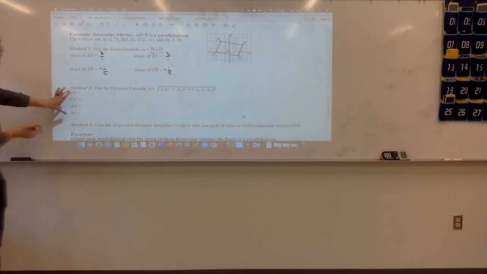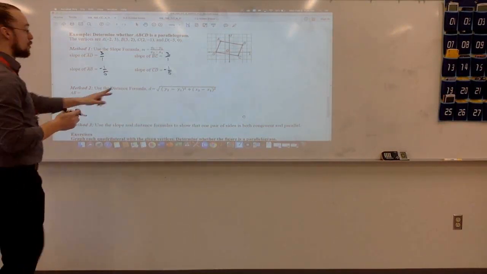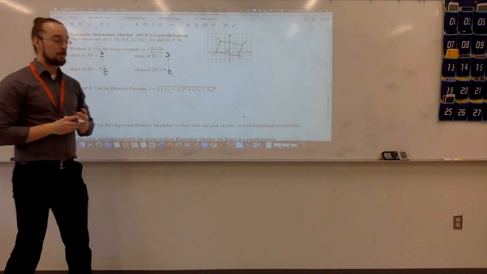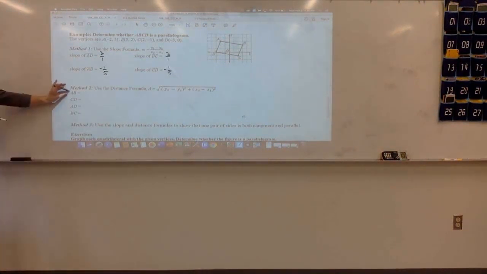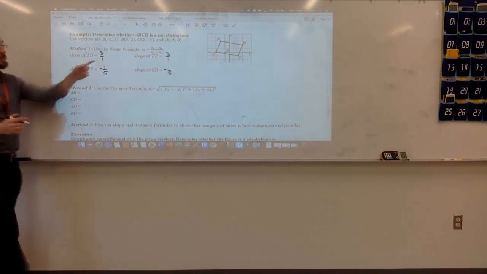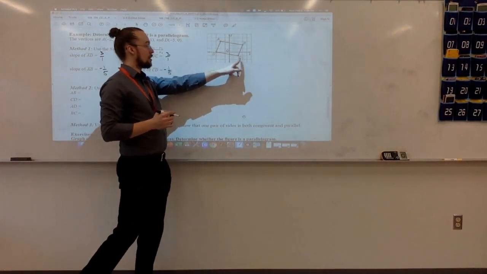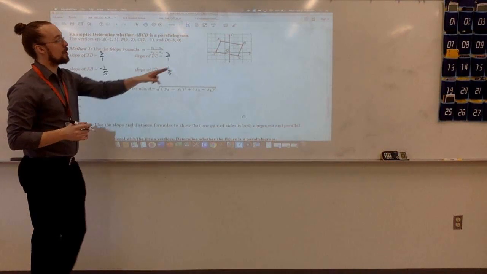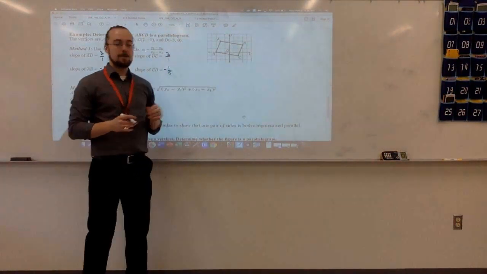The second way is to see if opposite sides have the same length. To do that, we're using the distance formula. So opposite sides would be AB and CD, and then also AD and BC.